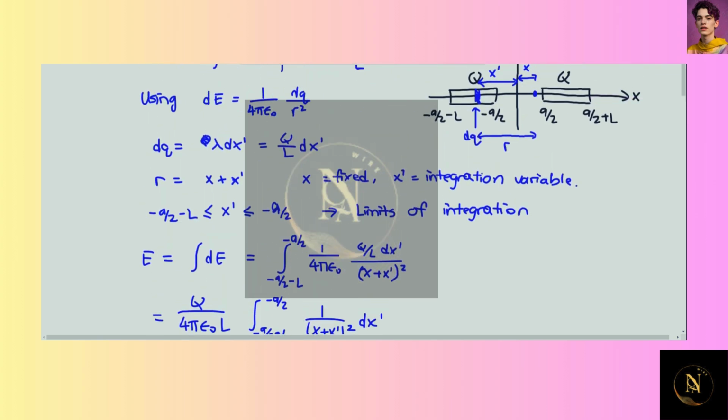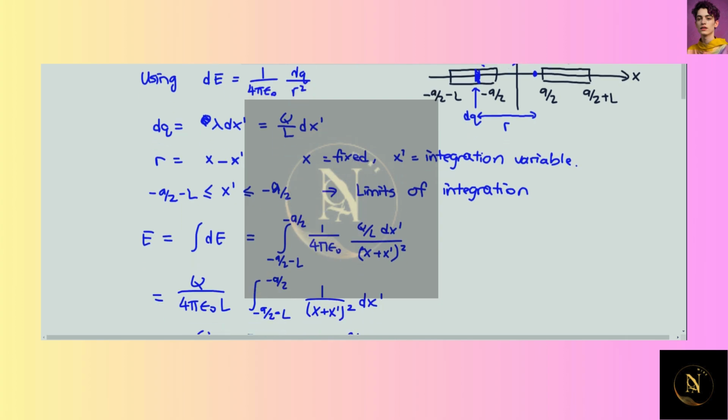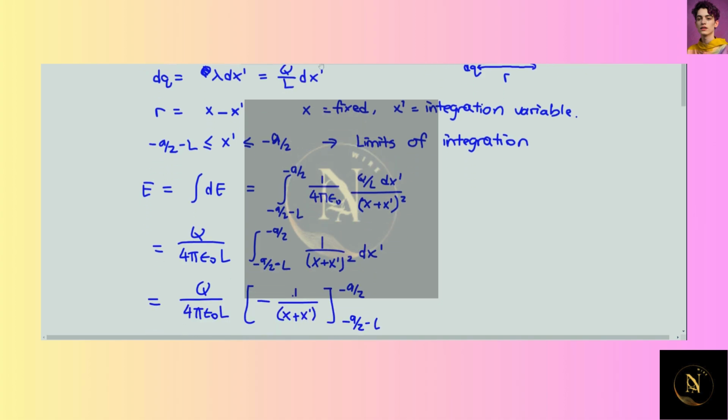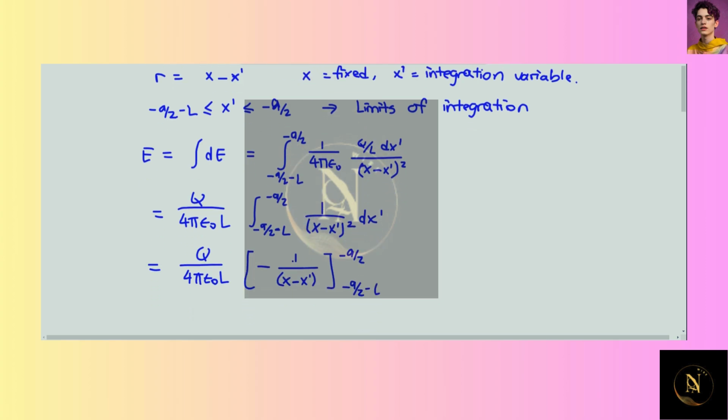One thing I forgot to mention is that in this diagram, x prime is negative. So to be exact, this should be x minus x prime, because x prime is a negative number, and so there is no negative sign over here.